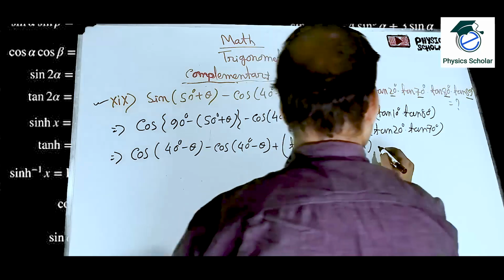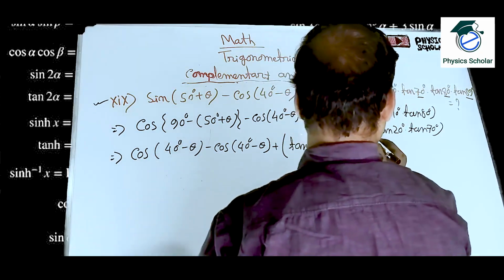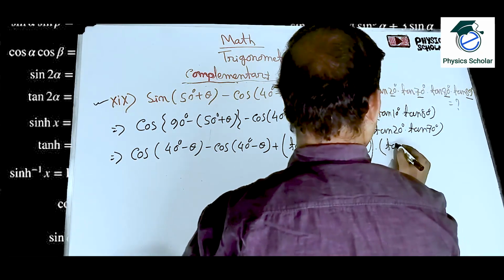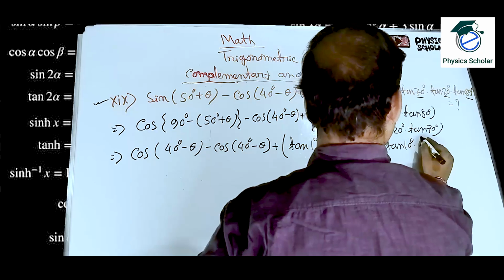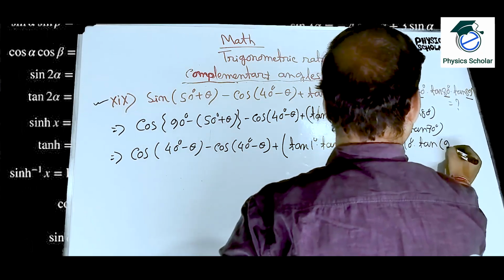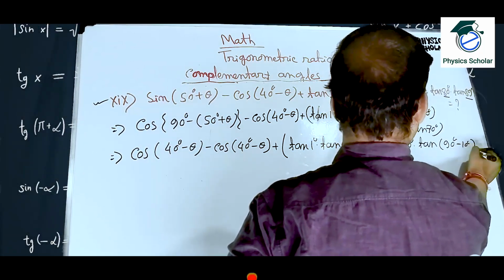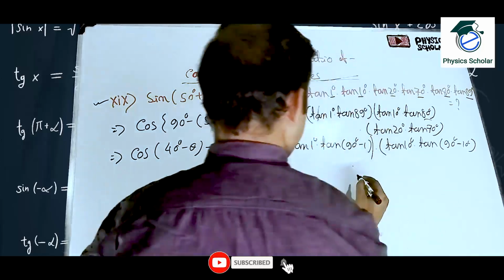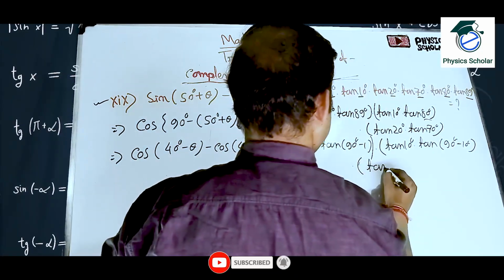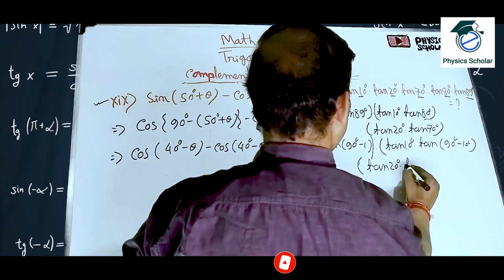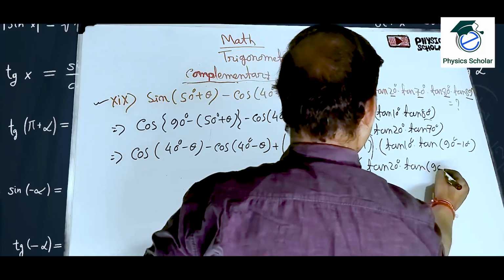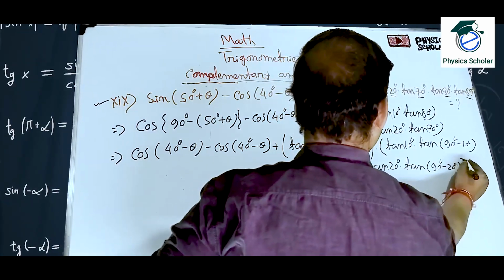Okay. Into tan 10 degree into tan 90 degree minus 10 degree, that means tan 80. Clear? Into tan 20 degree into tan 90 degree minus 20 degree. Clear?